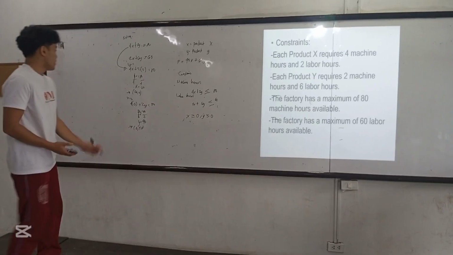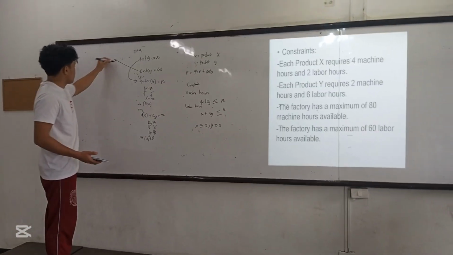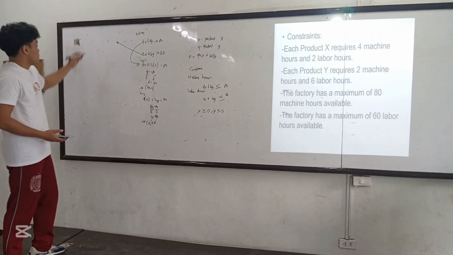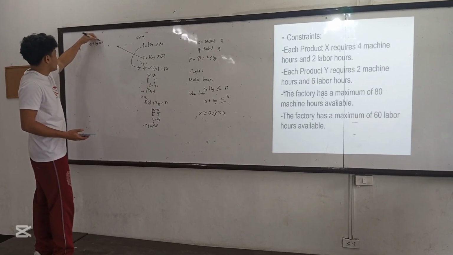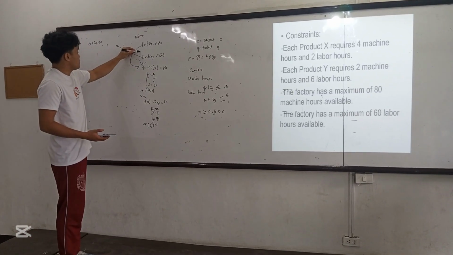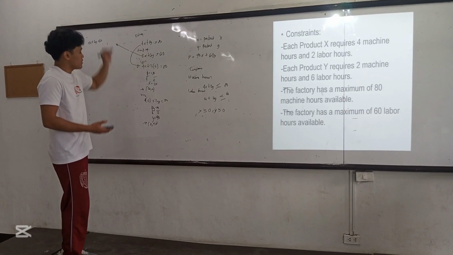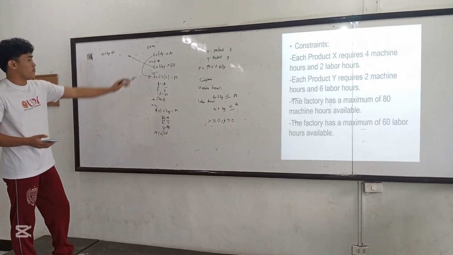Then we must solve for our labor hours. For our labor hours, 2x plus 6y equals 60.